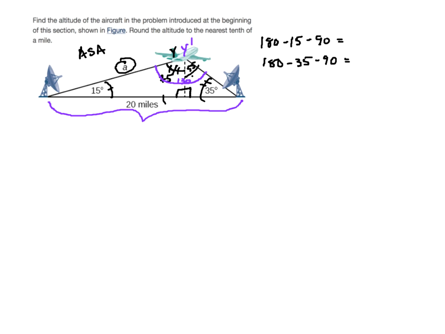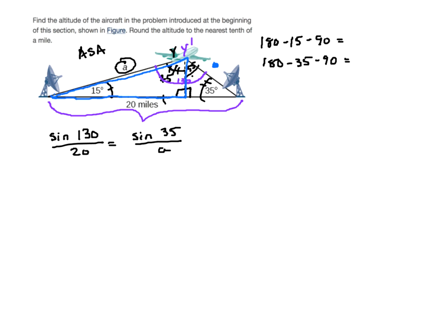So I can set up the proportion: the sine of 130 over 20 has to be equivalent to the sine of 35 over side A. And if I can get side A, then all I have to do is focus on either of these smaller triangles to figure out what side H is. I'll just use the bigger right-hand triangle, but you could use the smaller one as well.